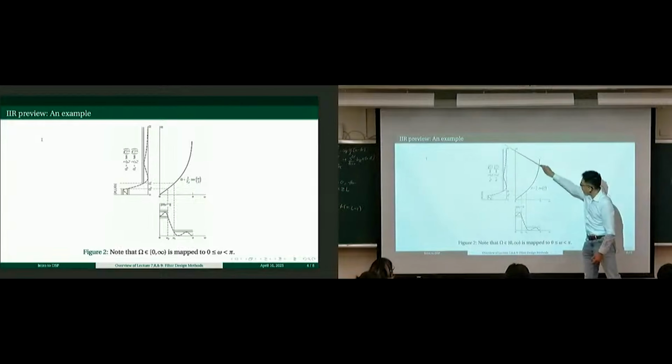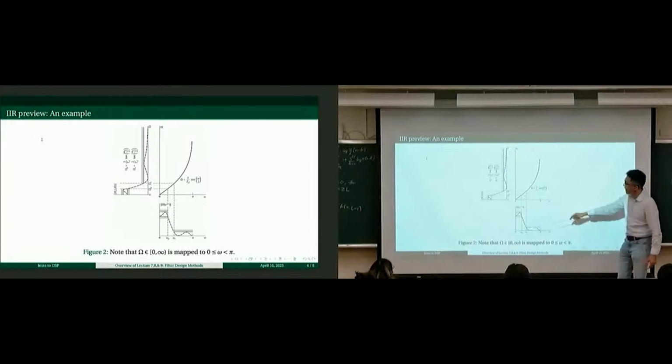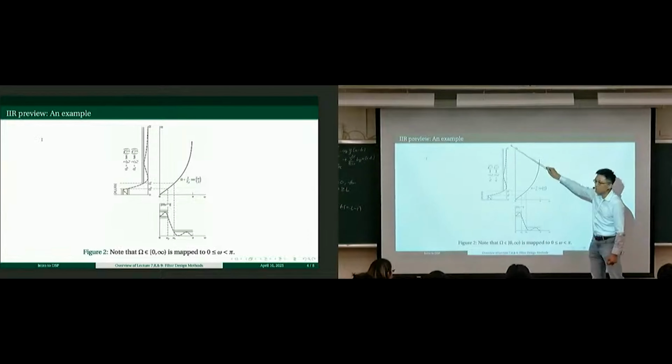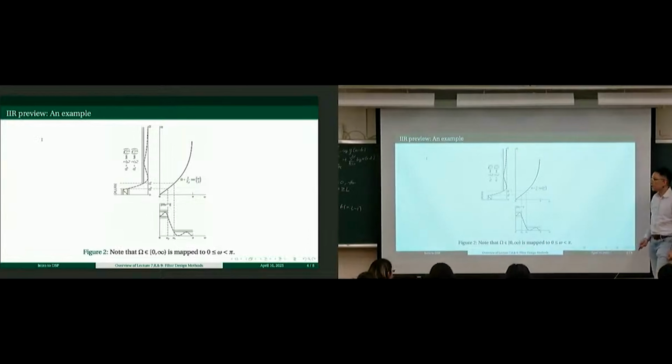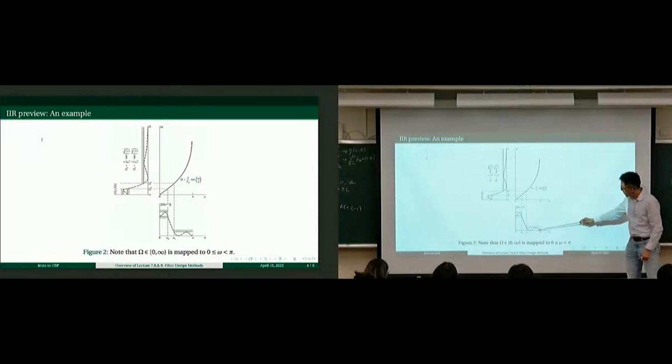This plot here is the frequency response of an analog prototype, a prototypical filter in the analog domain, specified by its frequency response with big omega being the variable. But now after this change of variable, we have equivalently a filter with small omega being the frequency variable.